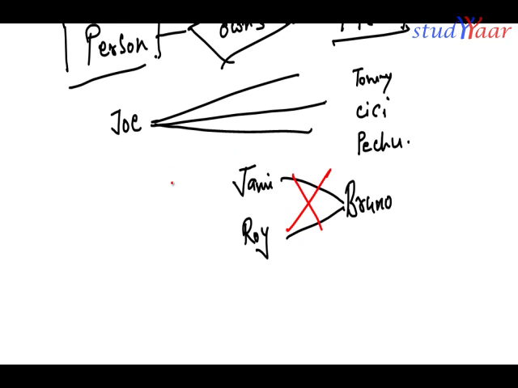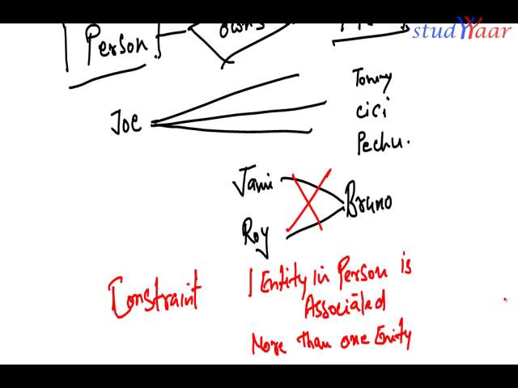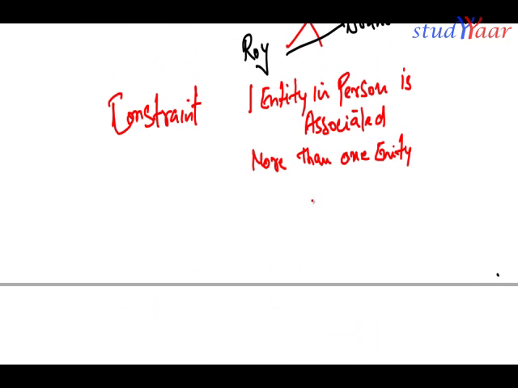So my mapping cardinality specifies a constraint that one entity in person is associated with more than one entity in pets. Okay?